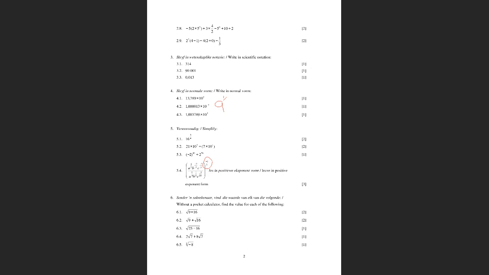That means that we are going to flip the whole fraction. Then we have b, 1 over 6. Then we have c, negative 1 over 10.